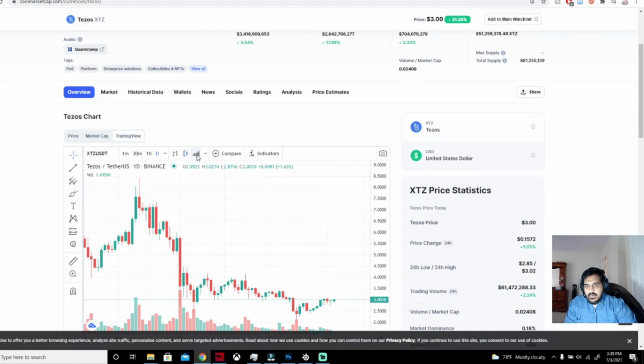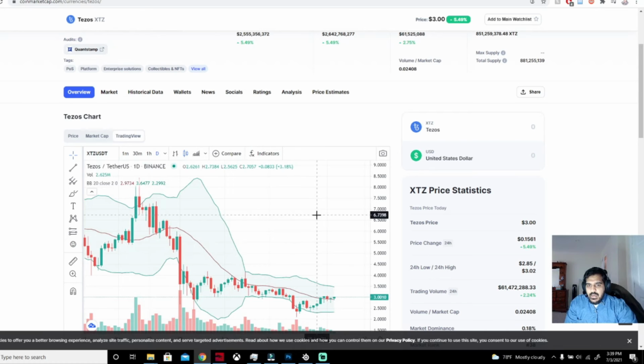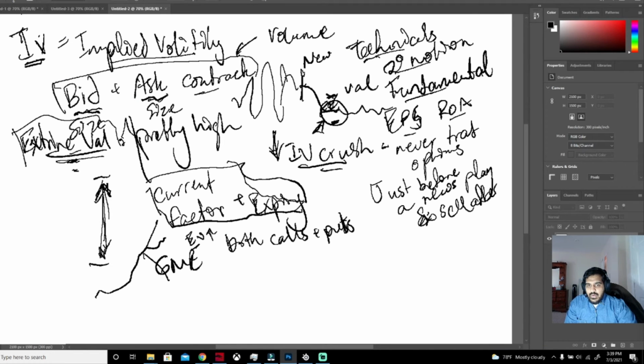But say you get the TradingView and we give the Bollinger Bands, you can see how even though this fell, the implied volatility both increased on the top side and on the bottom side. So that's why implied volatility increases in both directions, and that's why extrinsic value is pretty high even in those cases of big movements.